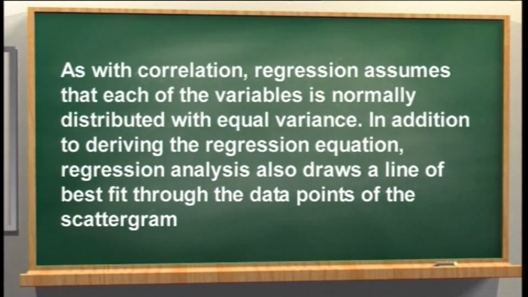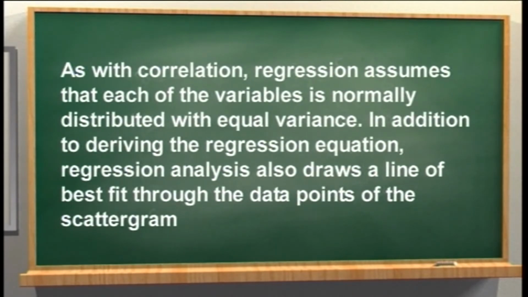Unlike correlation, however, regression is not scale independent, and the derived regression equation depends on the units of each variable involved. As with correlation, regression assumes that each of the variables is normally distributed with equal variance.